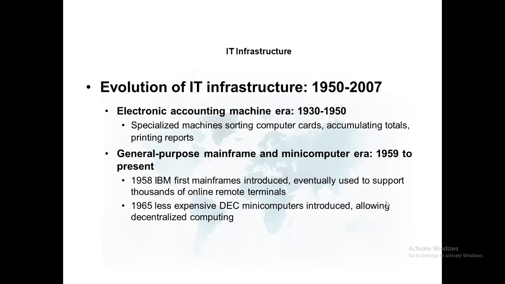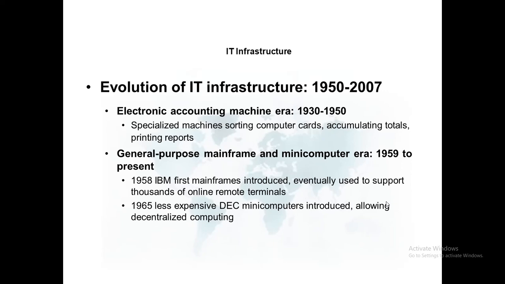In 1965, the evolution proceeded with less expensive DEC computers, or the DEC minicomputers, and their prices were quite lower than that of the IBM mainframes.